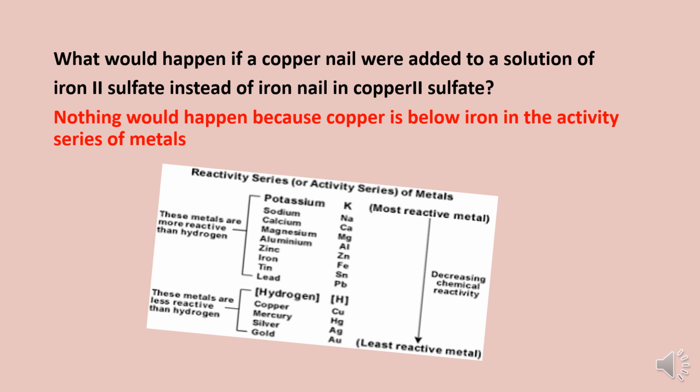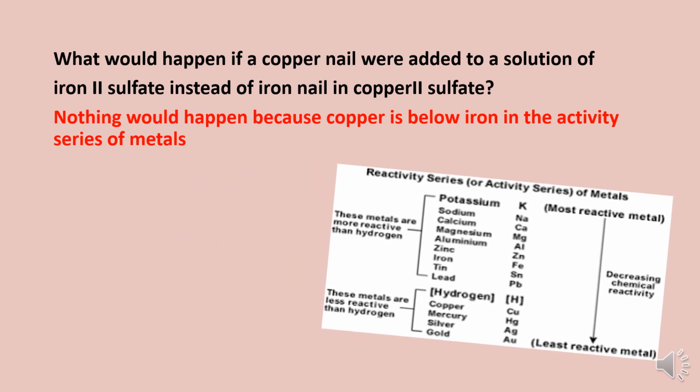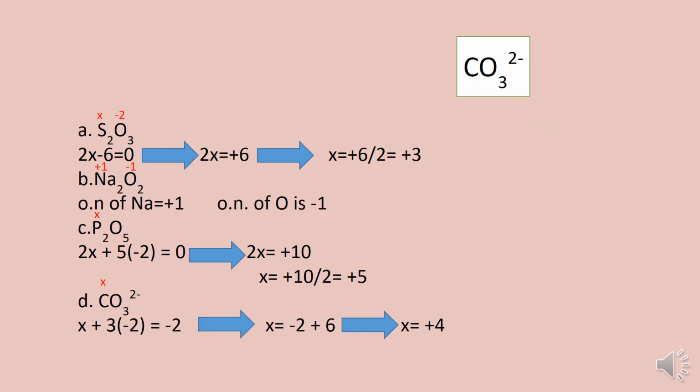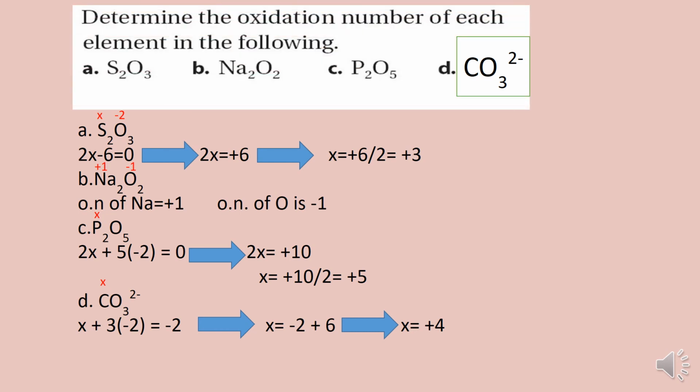Okay, now the last thing, we are going to take an example or an exercise. Determine the oxidation number of each element in the following: S2O3. Let's solve it together. We have S as x, the oxidation number of oxygen is -2.